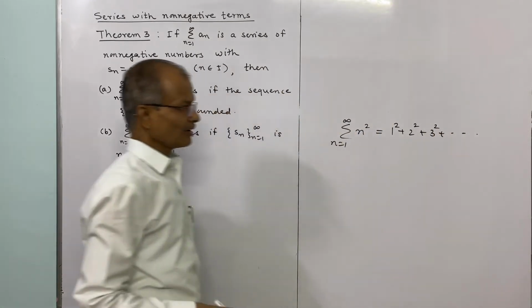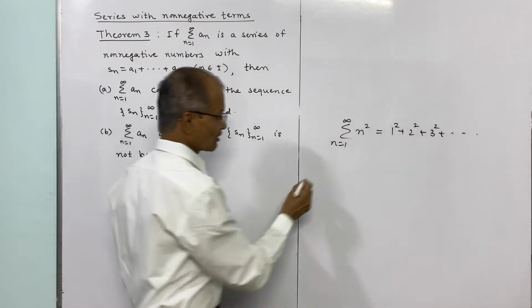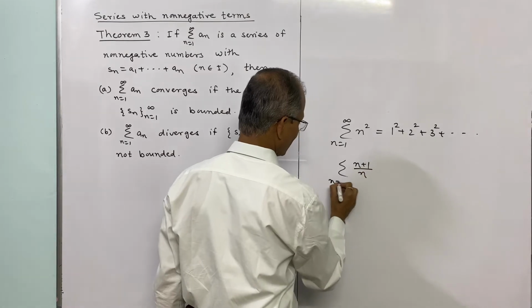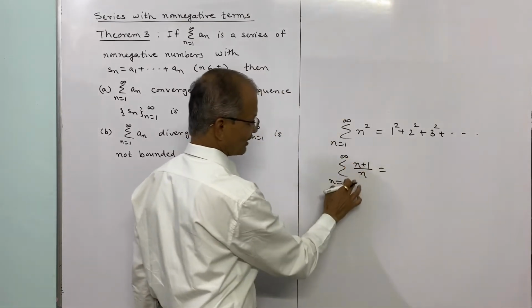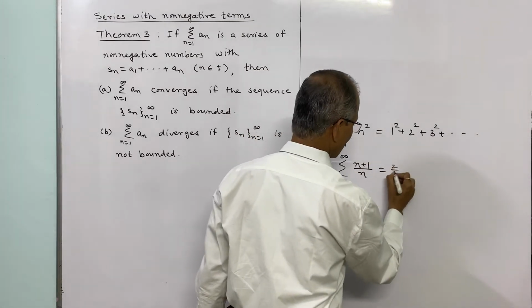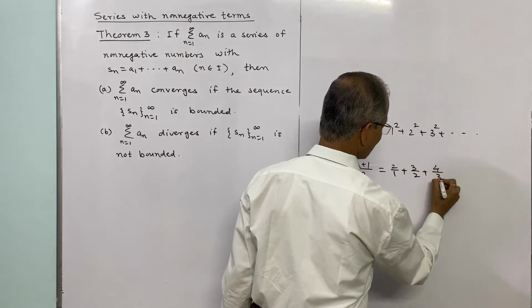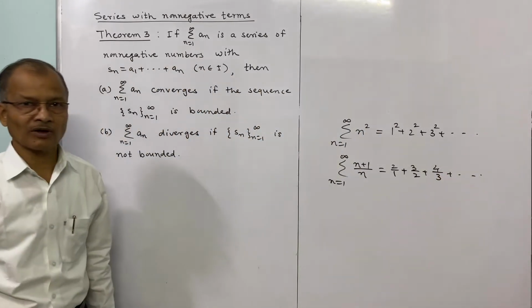This can be considered an example of a series of non-negative terms, or the series (n plus 1) divided by n, with n from 1 to infinity. What is the first term? Put n is 1, so it is 2 by 1, the next term is 3 by 2, and the next is 4 by 3, etc. These are examples of a series of non-negative terms.